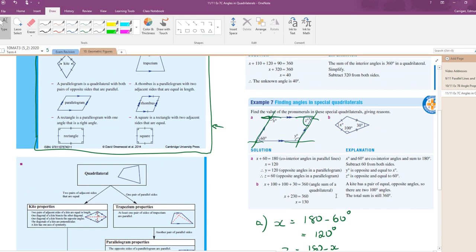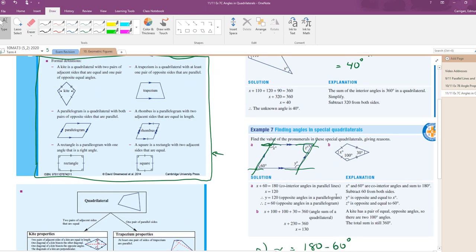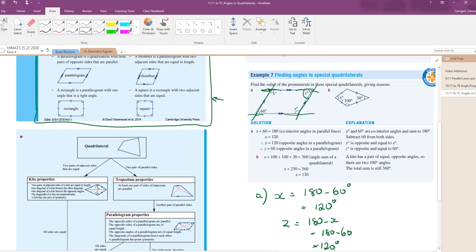All right, then for B, we're given 100 degrees, and we're given that these are equal. So what we can do is draw a line down there. And what we can say is this is an isosceles triangle.